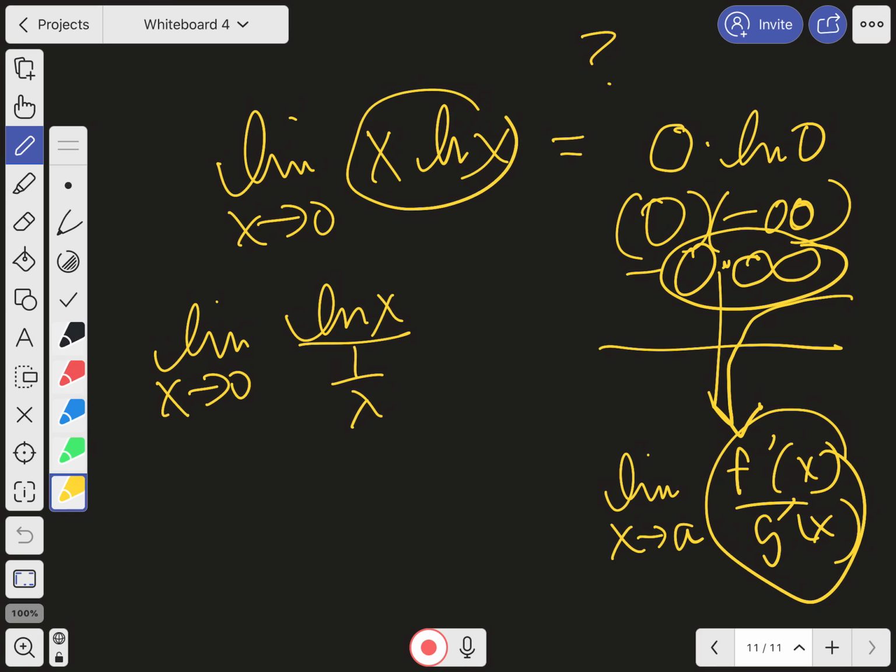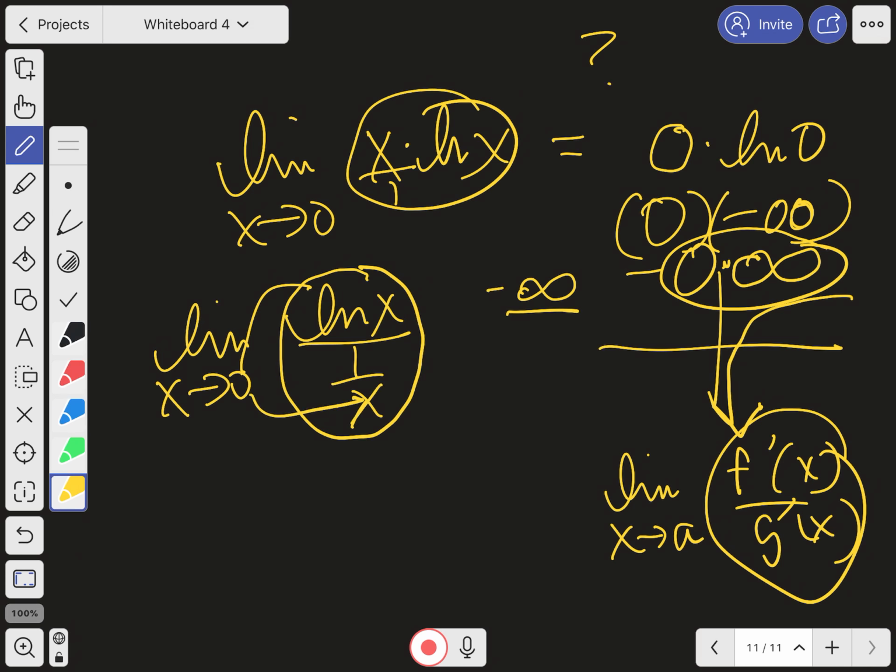Now let's see what I have. Instead of multiplying by x, I divided by the reciprocal. So this statement is still x ln x. I'm just engineering it. Now when you fill in 0, you get negative infinity over 1 over a very small number, which when you're talking about limits goes off to infinity.